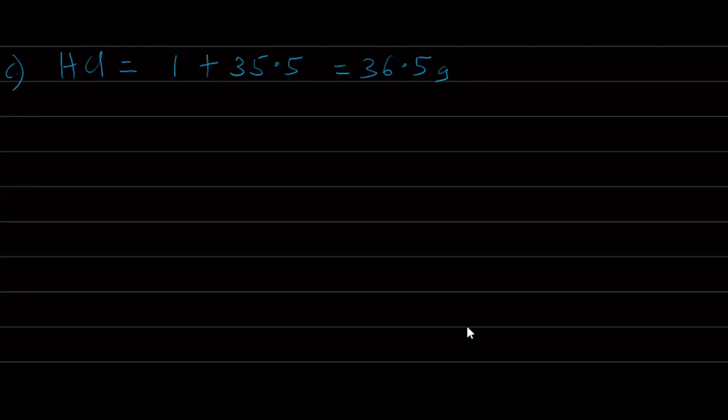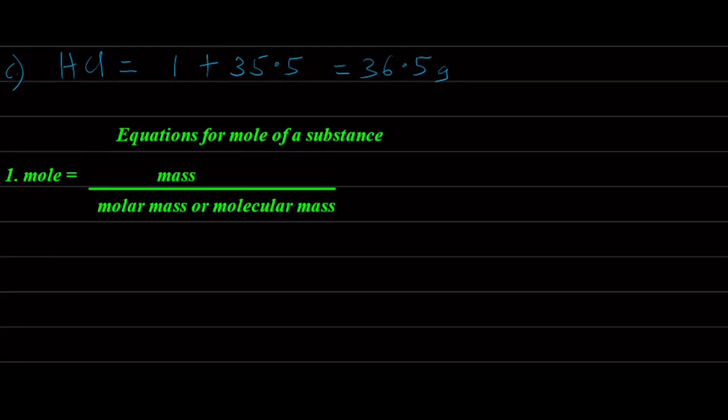Now let's look at the various equations we often use in solving problems related to the molar concept and Avogadro's number. The equation says that mole is equal to mass over molar mass or molecular mass. When do we make use of this equation? We use the equation whenever we are given the mass of the substance.